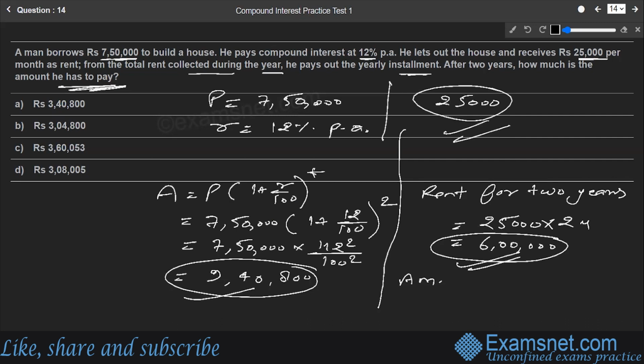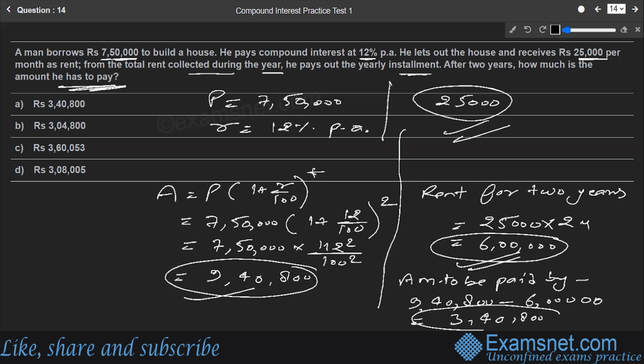The amount to be paid by him will be nothing but the difference of these two, that is 9,40,800 minus 6 lakh, and that value comes out to be 3,40,800 rupees. So that is the actual amount to be paid by him after the 2 years have completed, and this particular value is available in option number A. So that is going to be the right answer.